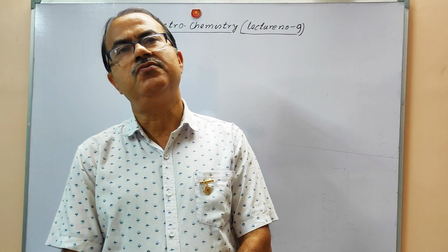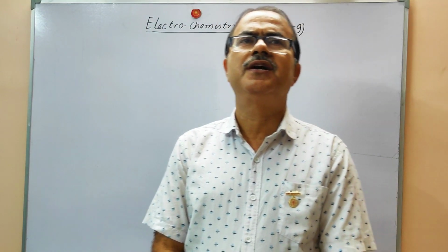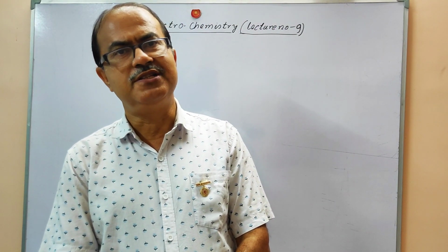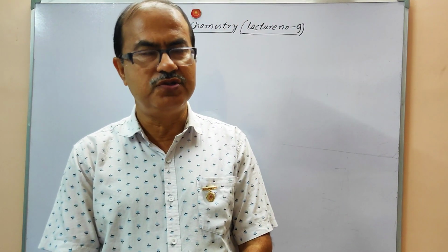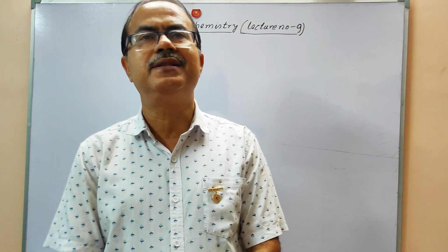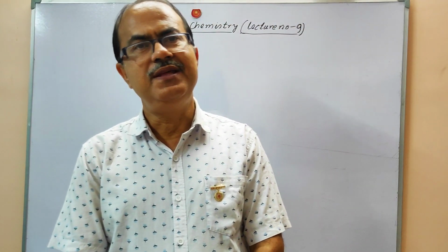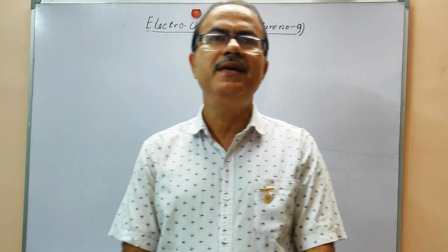In the fourth lecture we discussed the Nernst equation, because so far we have discussed the cell potential which is based on the standard cell potential, which is based on a specific concentration of the electrolyte solutions. But from the Nernst equation we can calculate the cell potential of any cell having any electrolytic concentrations.